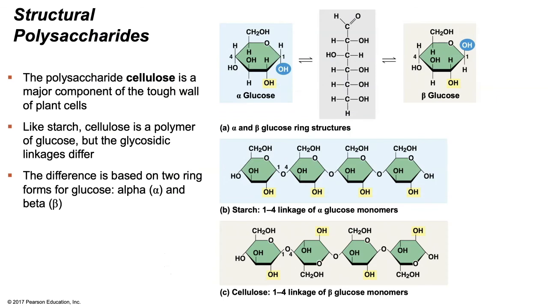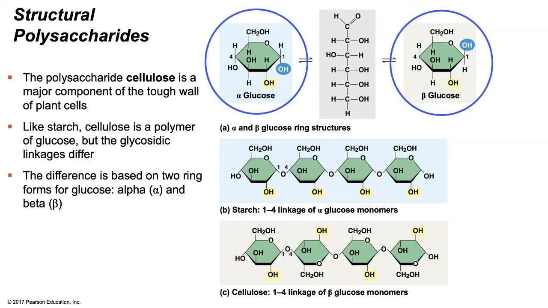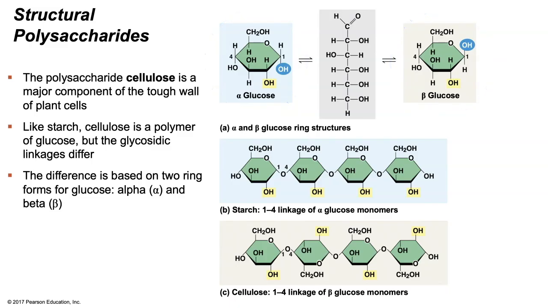Notice the two differing ring formations of glucose at the top of this slide in image A. On the left, we have an alpha glucose, and on the right, we have a beta glucose. The difference is which direction the hydroxyl OH on carbon 1 is oriented.